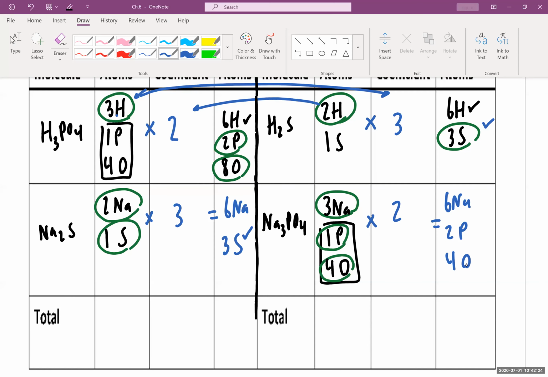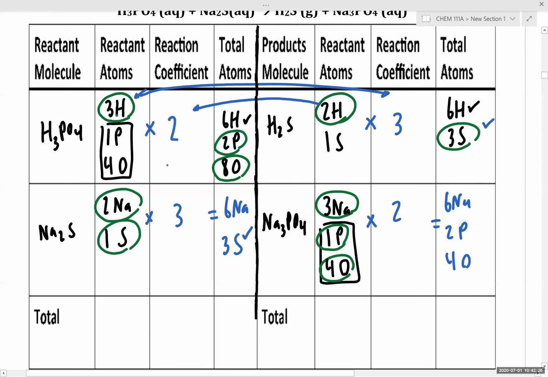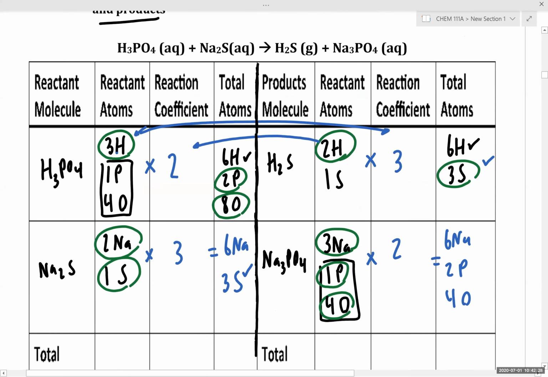So now going through and checking our work for this balanced equation. So we put in the following coefficients. And we see phosphorus is now balanced. Sodium is now balanced. All of our atoms are now balanced.